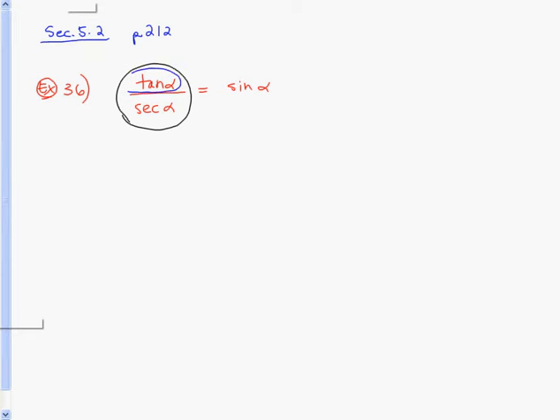Tangent of alpha would be sine of alpha over cosine of alpha, by the quotient identity. Secant of alpha is going to be 1 over cosine of alpha, by the reciprocal identities. And then I still have that sine of alpha on the right hand side.